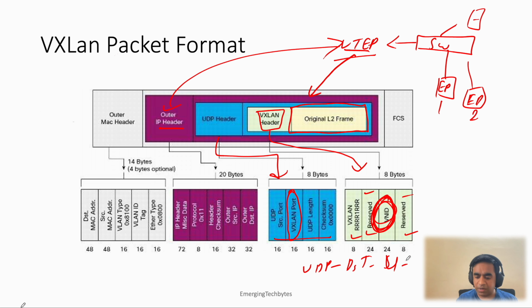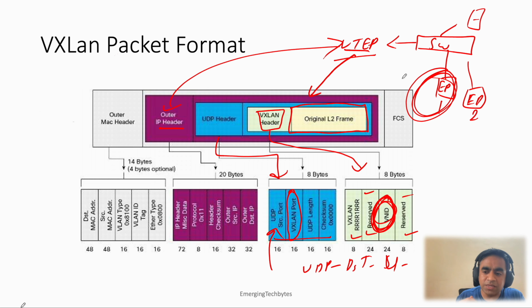But the source port was something these inventors could play with. This UDP header is there because we want to load balance, and the source port will be dynamically calculated based on the hashing of the endpoint.